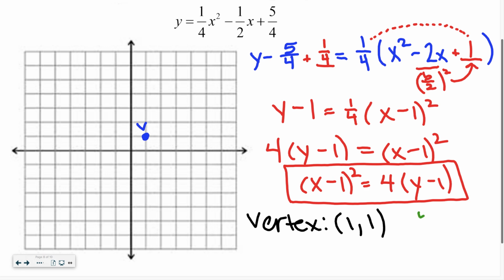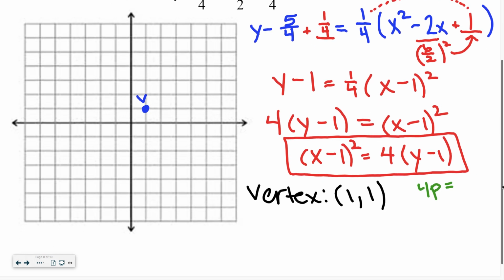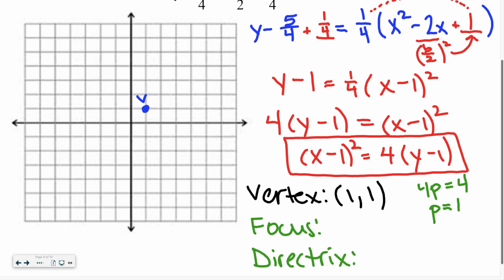If 4p is the coefficient, and our coefficient is 4, what is our p value? 1. So when we plot the focus and the directrix, we know that they are going to be 1 unit away from our vertex. Now, we determined that this parabola was going to open up.